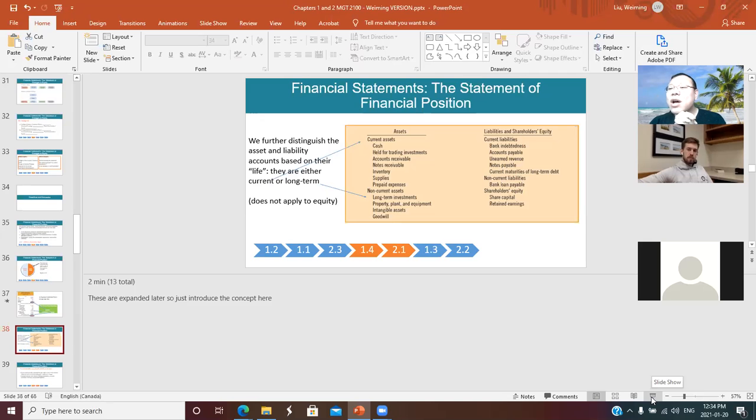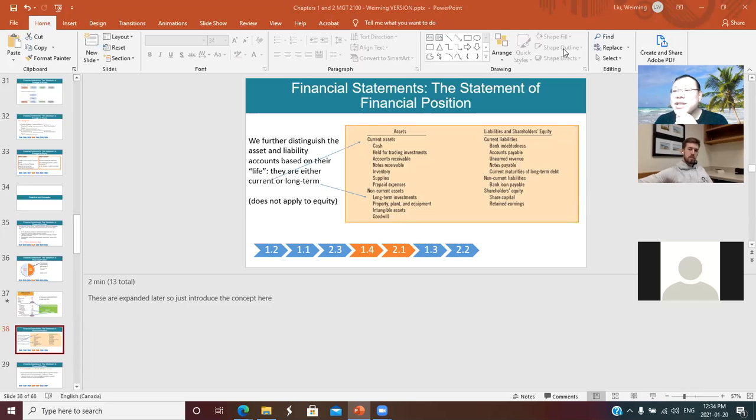So now you tell me, first of all, are the male bird and the female bird assets? Yes, that's right. So both birds are assets, right?